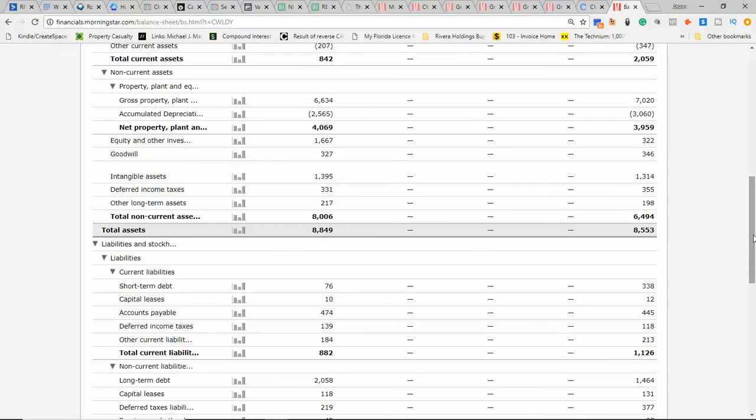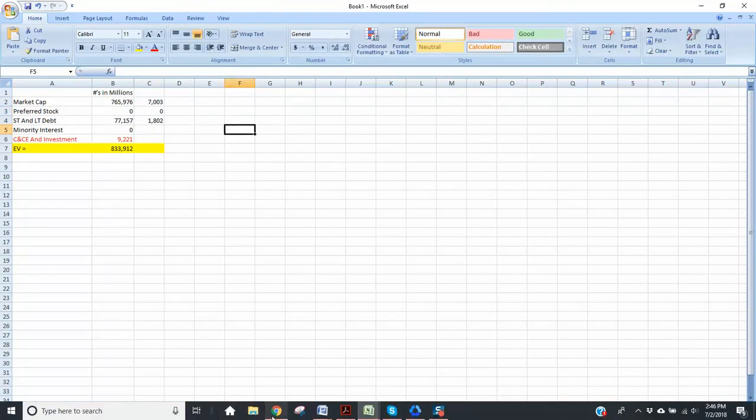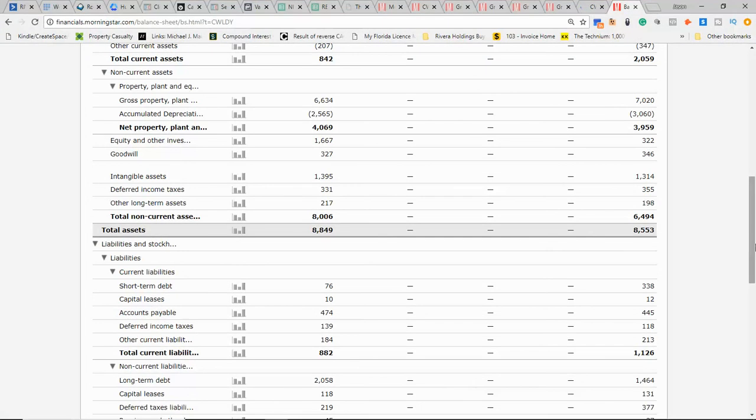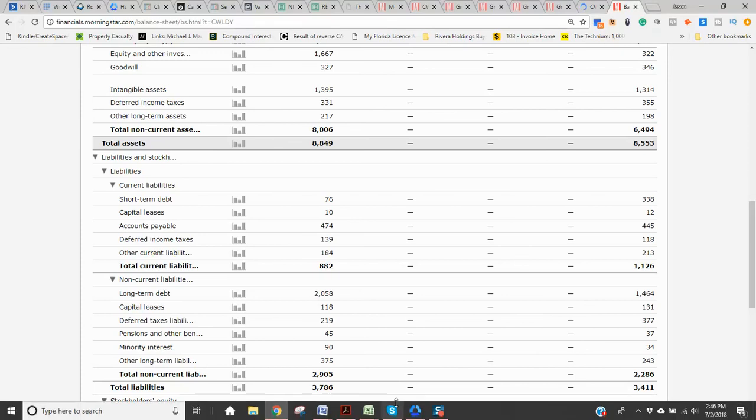This company has a lot of debt for its size. 338 plus 1464, 1802. Minority interest was negligible, but again, we'll add it in here for calculation's sake. 34.